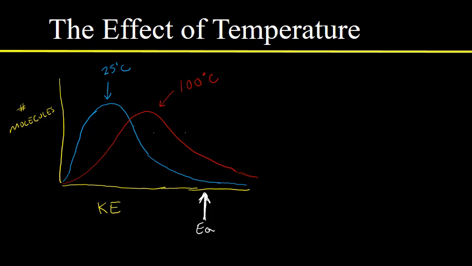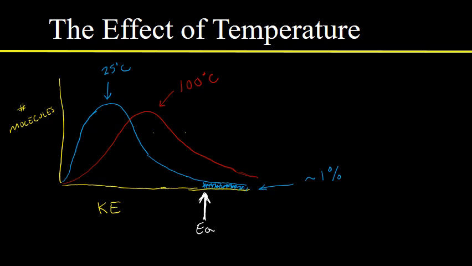And if you look at the cold gas at 25 degrees Celsius, the molecules that have sufficient energy to overcome that activation energy barrier is just this small amount here, right? And this would depend on a lot of parameters that we don't really have here, but let's say, for example, for one particular reaction, maybe that's 1% of the molecules have sufficient energy to overcome that activation energy barrier.